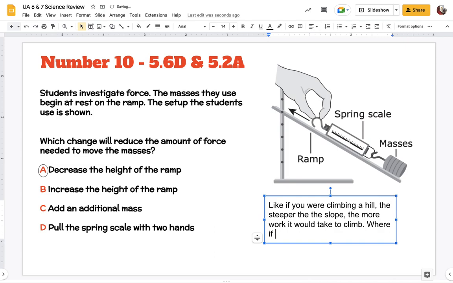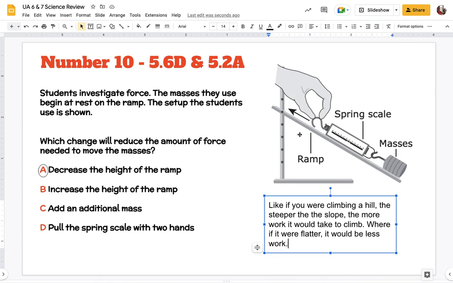Where if it were flatter, it would be less work. Bam, done.